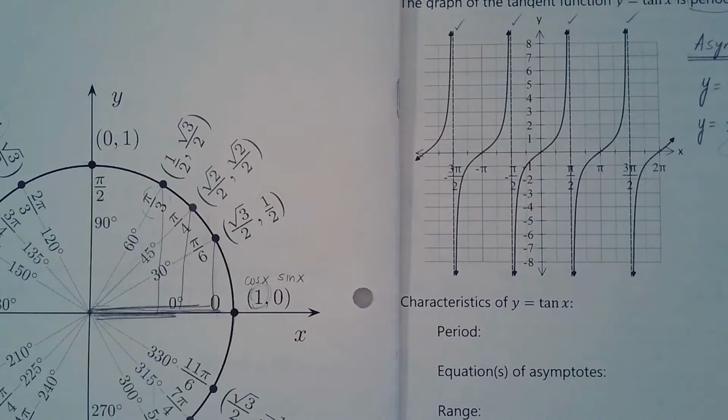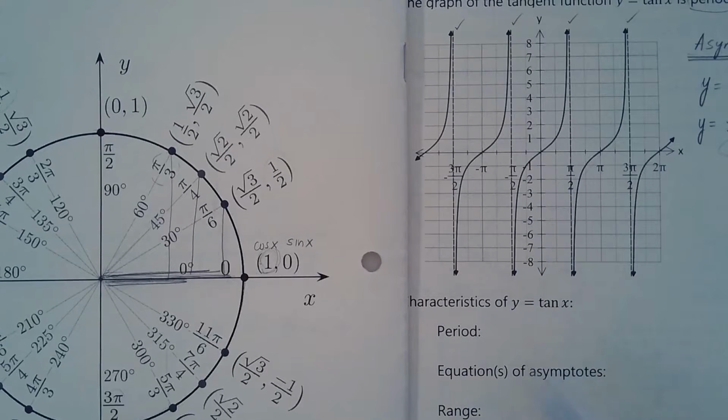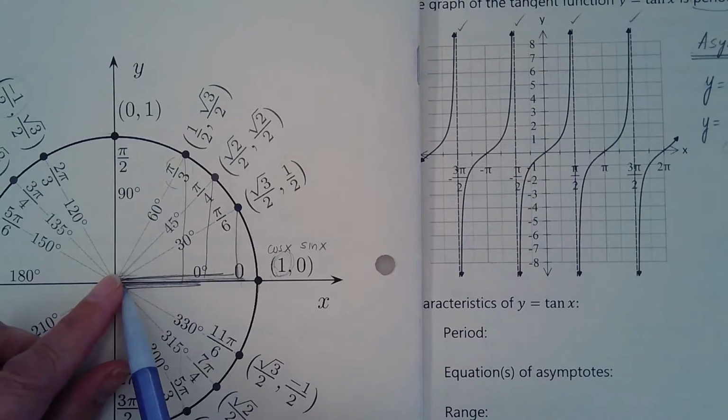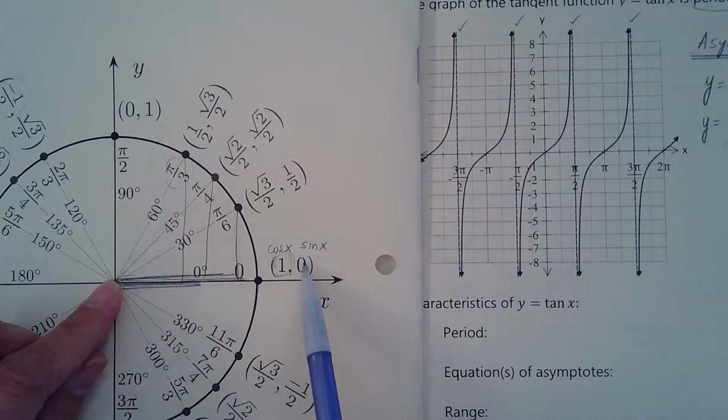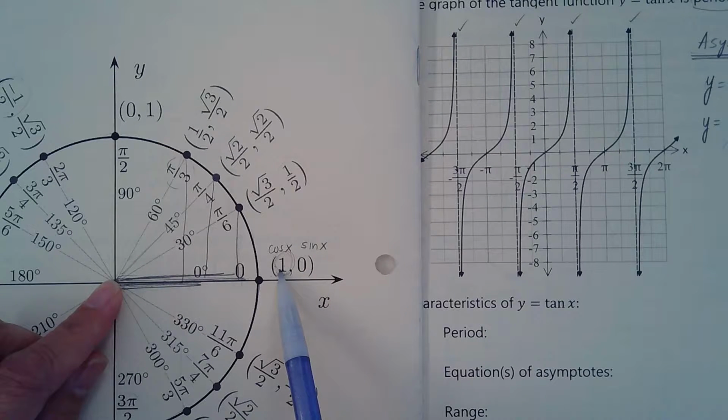Now, if the angle is 0, what's tan of 0? Tan of 0 is sine of 0 divided by cos of 0.